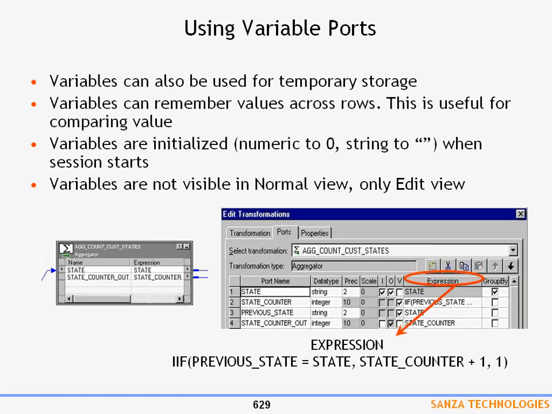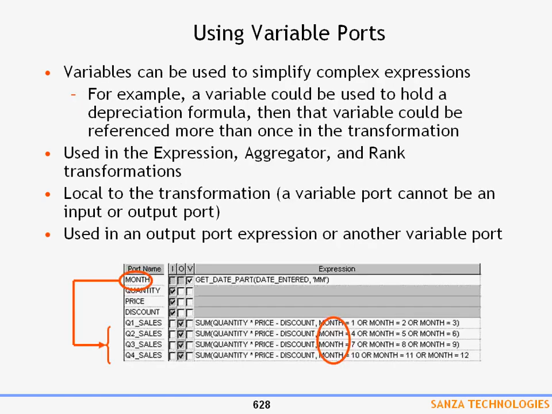These variable ports are not visible. To take the value out of these variable ports, it has to be assigned to another variable. Variable ports can be assigned to another variable or to an output port. So variables are used for two things. One for simple calculations, where you put it in a variable, assign it to another variable, then write it into an output port.